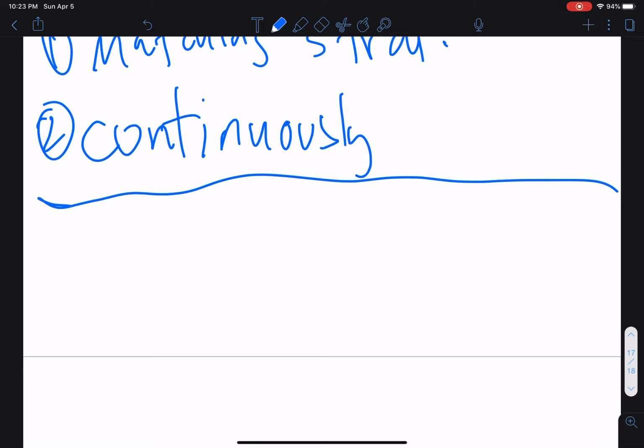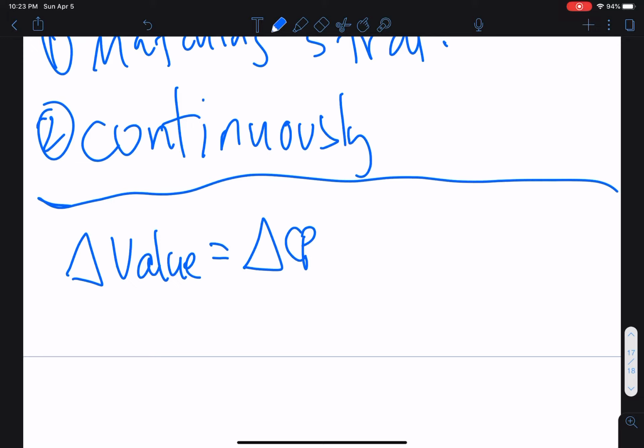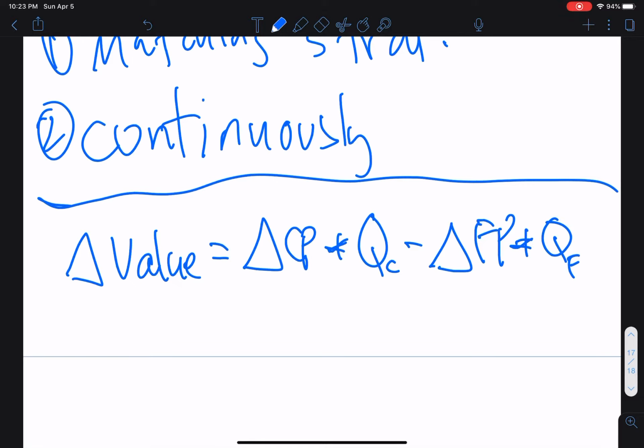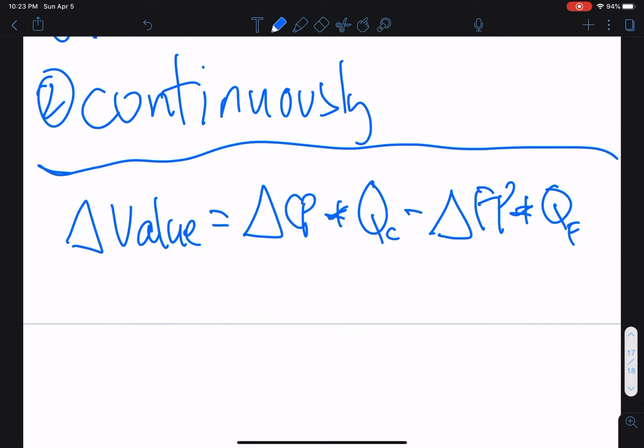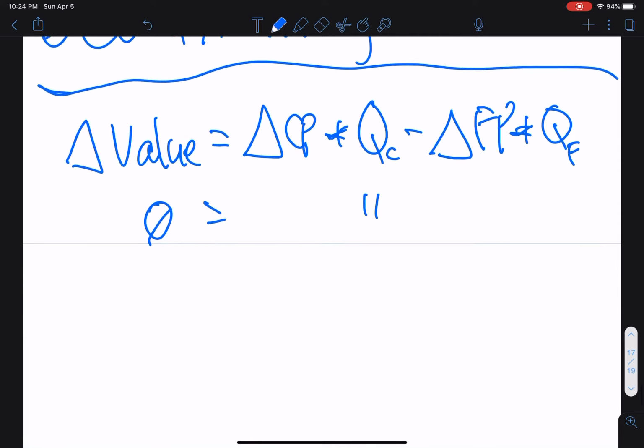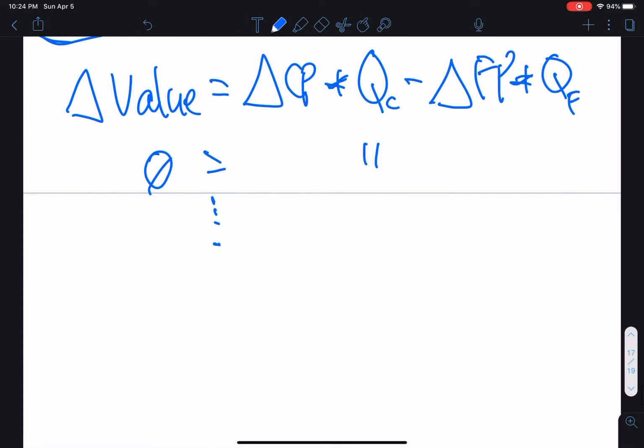And it's just kind of common sense that the change in the value of that portfolio is equal to the change in the cash price times the size of the cash position minus the change in the futures price times the size of the futures position. And we can set, I guess ideally, that change in the value to 0. So we set 0 equal to this, and then we do some algebra. I'll spare you the algebra.